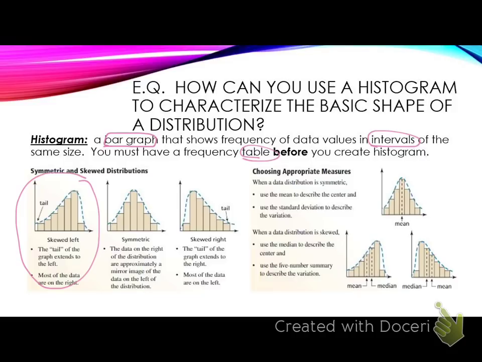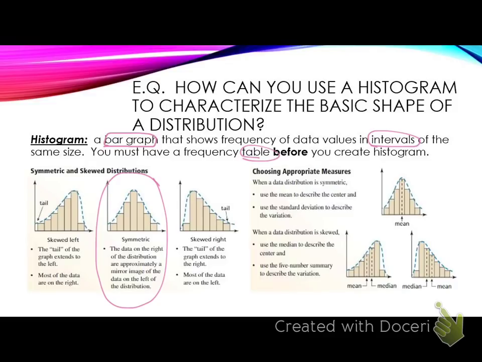So before you get confused, you're looking for the longer tail. If you need to tell whether it's skewed left or right, you're finding the tail that is longer. In the middle, this is a symmetric histogram. Both tails are very even, so the data on the right of the distribution are approximately a mirror image of the data on the left.